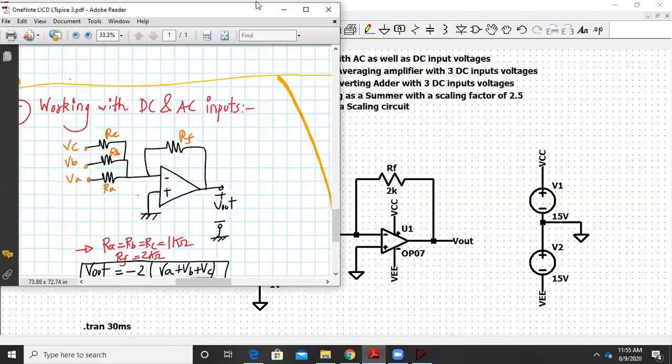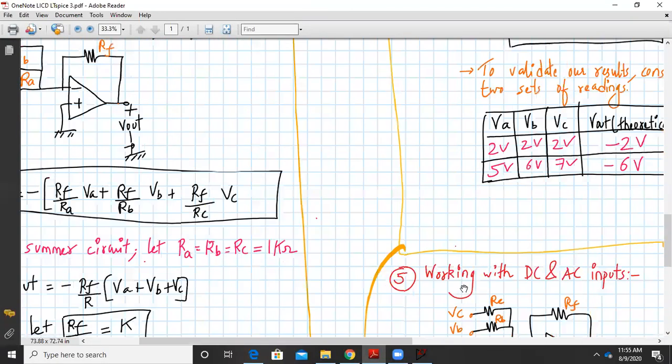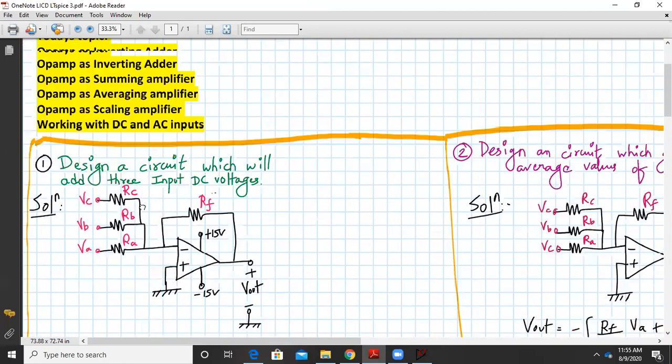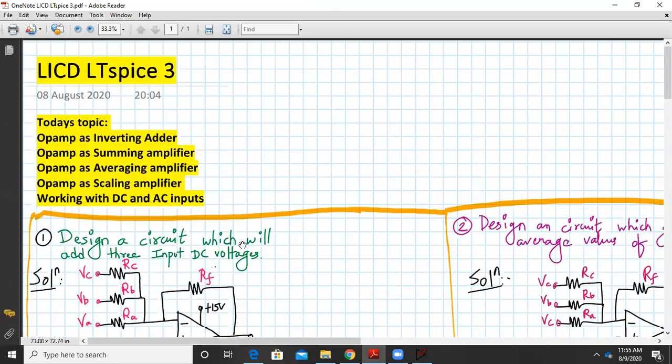So that concludes our section, and we have completed our desired aim. Today's topic is completed, wherein the op-amp worked as an inverting adder, as a summing amplifier, as an averaging amplifier, and as a scaling amplifier. And we have also verified it works well with DC and AC inputs. So that's all for today's session.